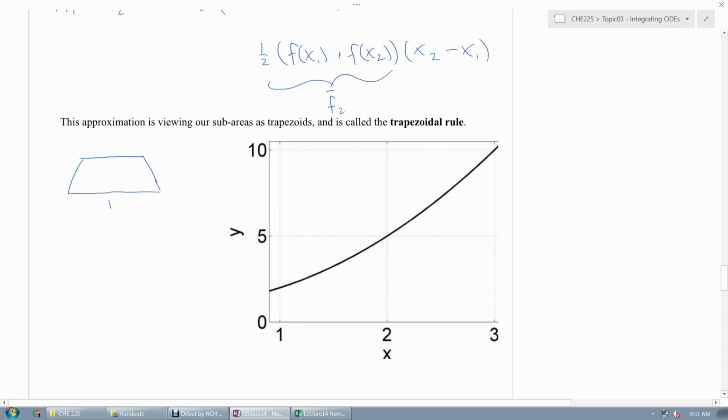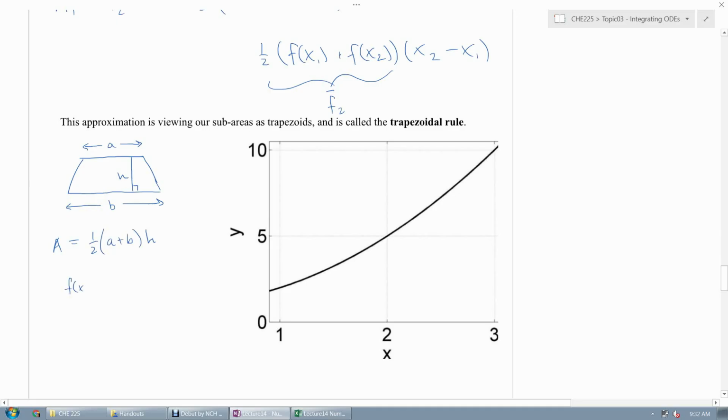And this trapezoid has a base, B, but also on the other side it has another base, A, and it has a height, H. So the area of this trapezoid is equal to the average between A and B times the height.